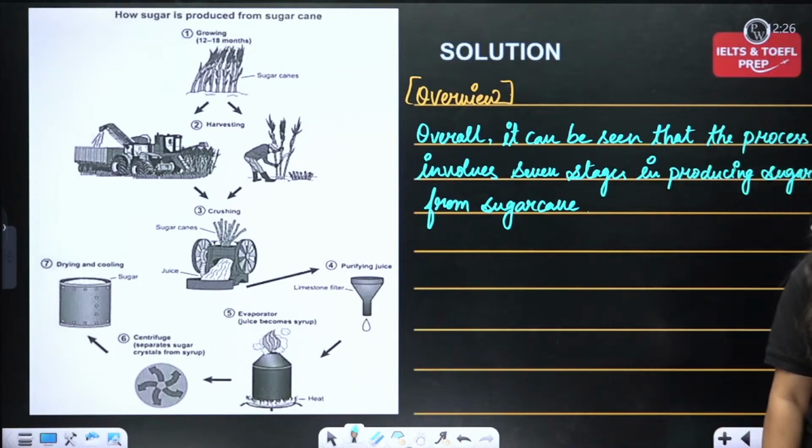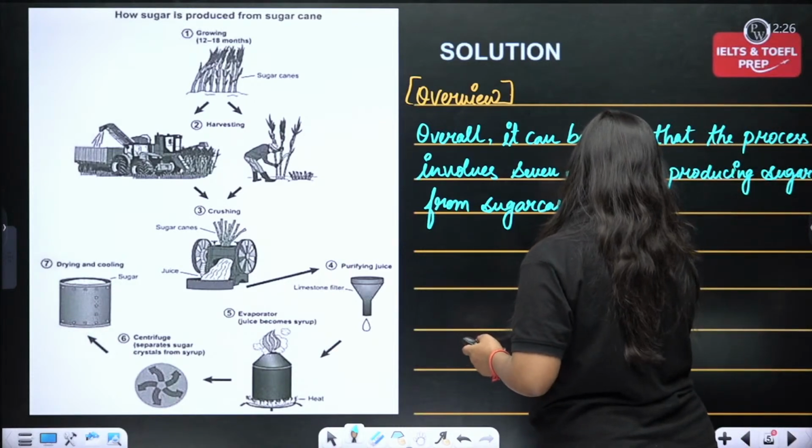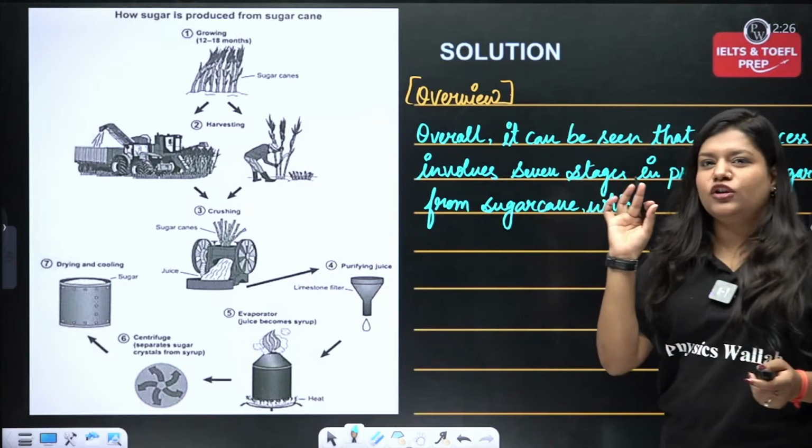ठीक है. Done. Sugar cane. A little bit of brief of overview.